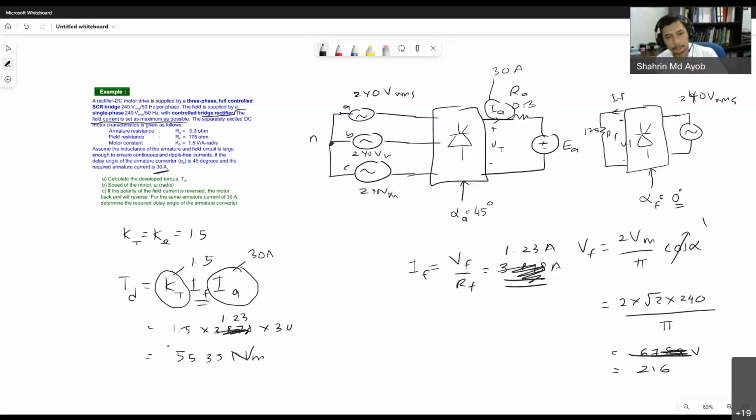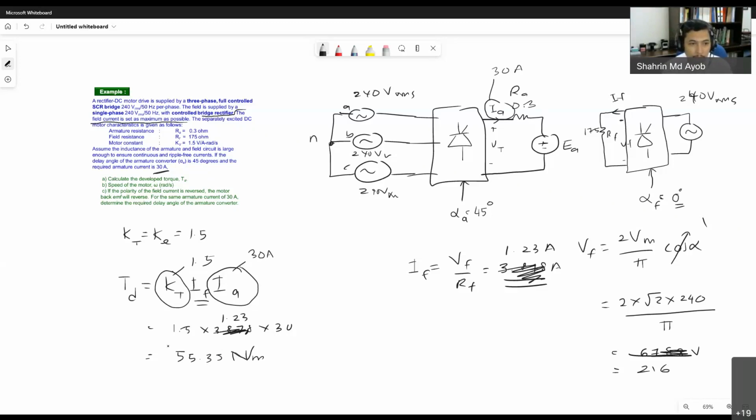Okay. So that is the torque developed by the motor due to the current of 30 amperes and the firing angle of the armature circuit, 45 degrees.